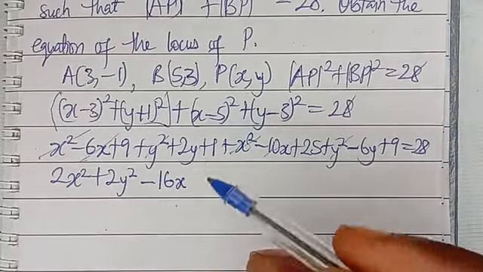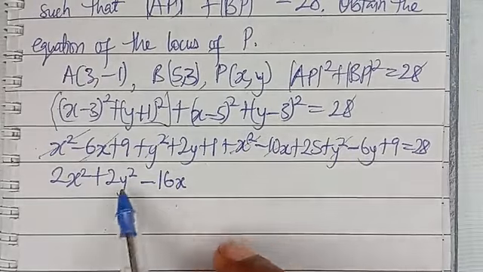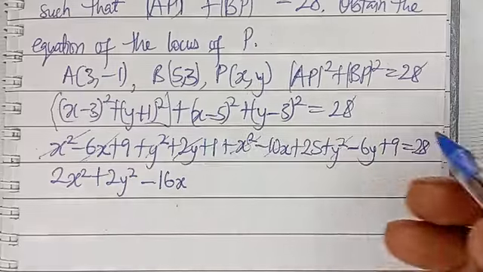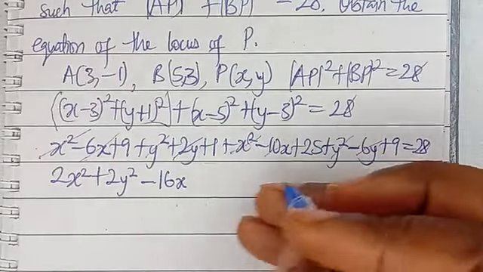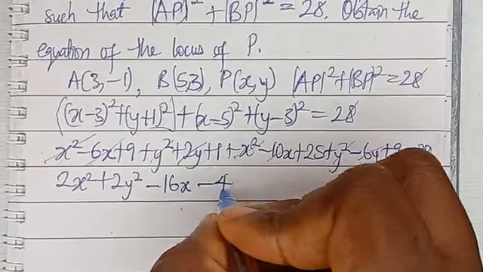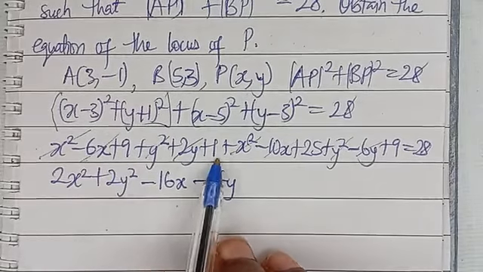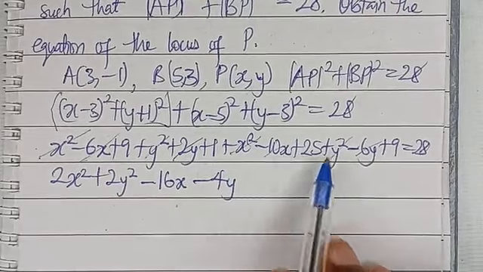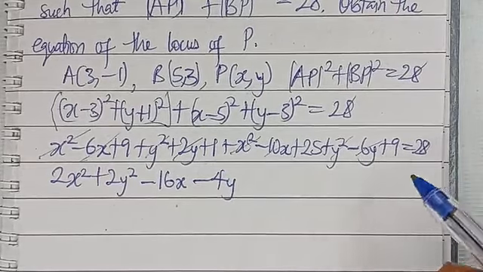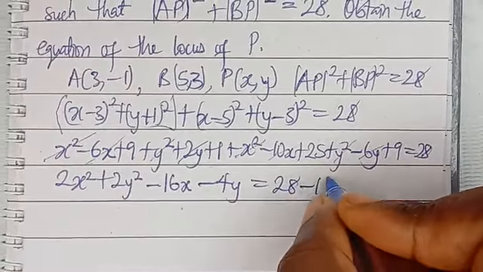Then let's collect the terms in y before we now collect our constants on one side. We have 2y minus 6y is going to give us minus 4y. Then the constants, 9 plus 1, that is 10. And then 10 plus 9 is 19, is equal to 28 minus 19.